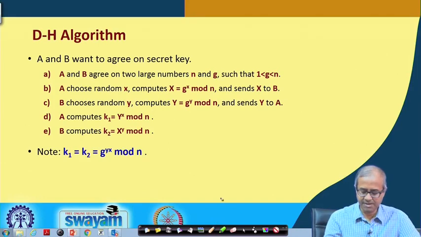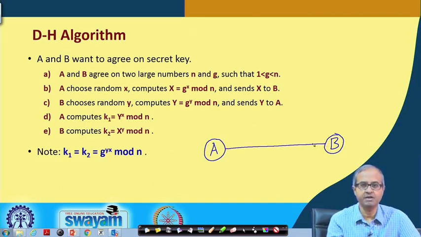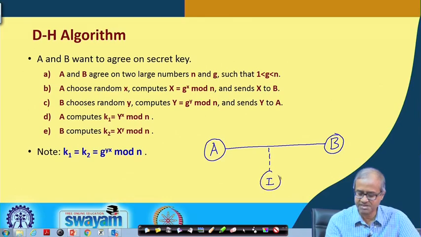The way the Diffie-Hellman algorithm works, let us say there are two parties A and B, which want to agree on some common shared key, and there is a communication channel between them. I am assuming that this communication channel is not secure. There can be some eavesdropper, some intruder, which may be listening to whatever is going on in the channel.